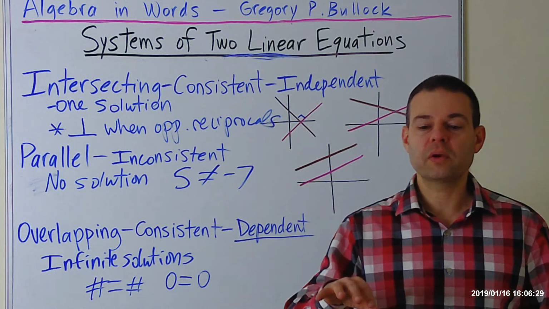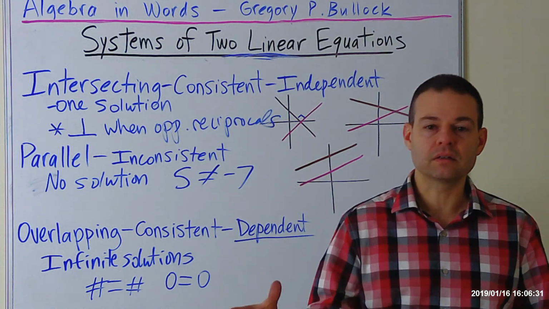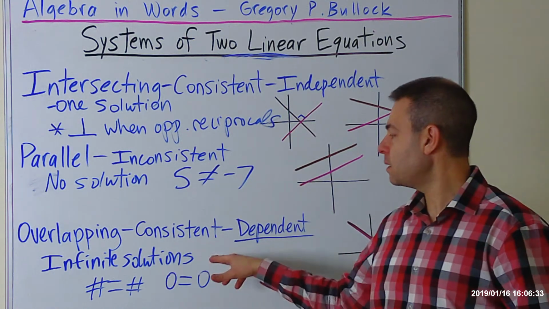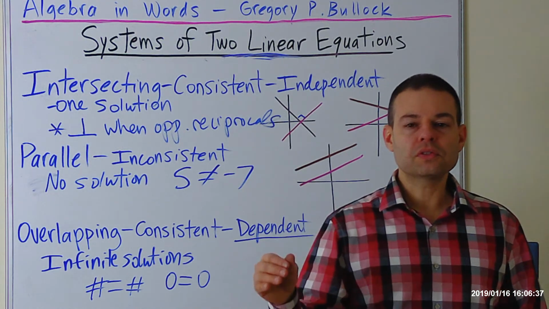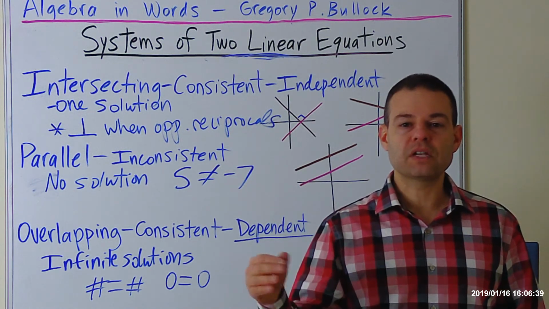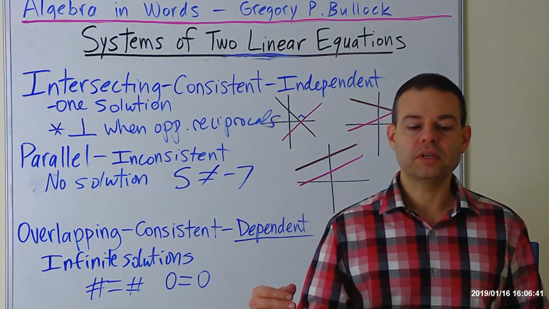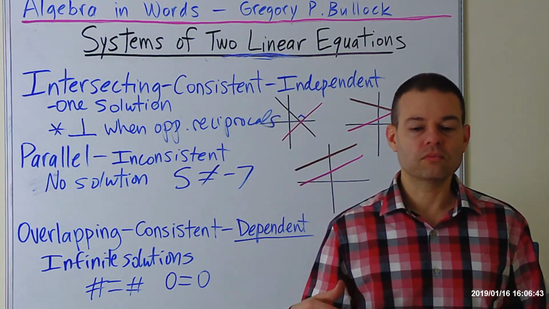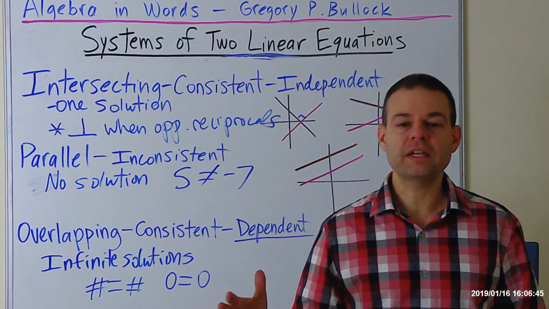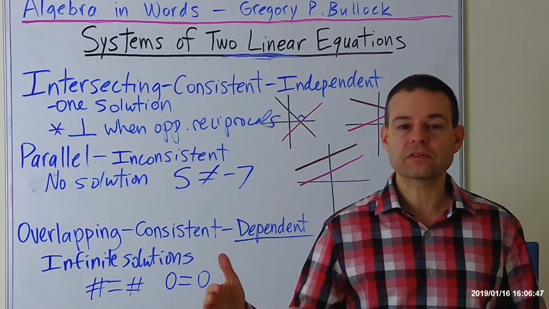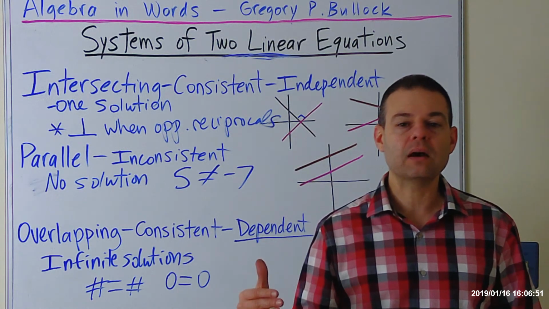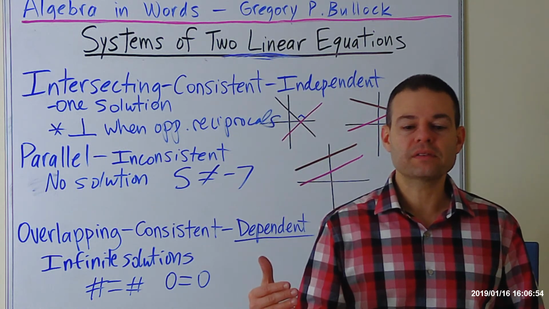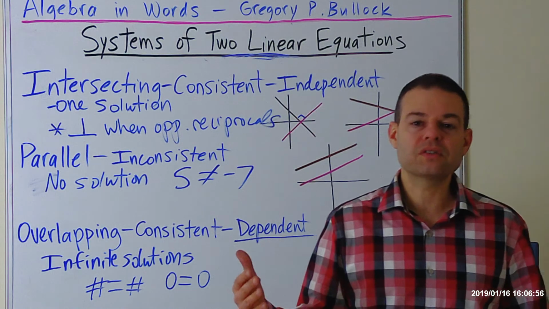So assuming that the equations are in the same form, let's say standard, in the case of a dependent system, if you reduced down each equation as much as possible, for example, either by eliminating any fractions if there are any, or if there's any common factor, let's say that all the terms have a common factor of 3, and you divide that out, then you would ultimately notice that the equations are the same.